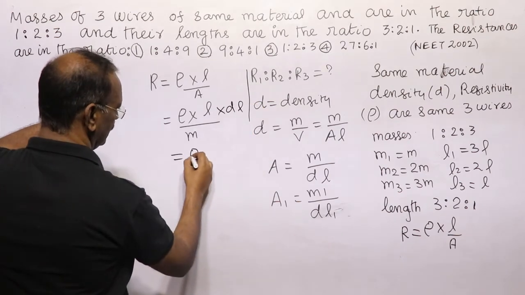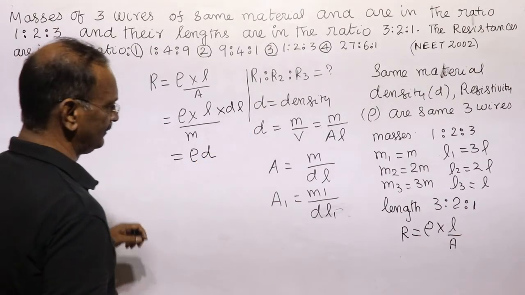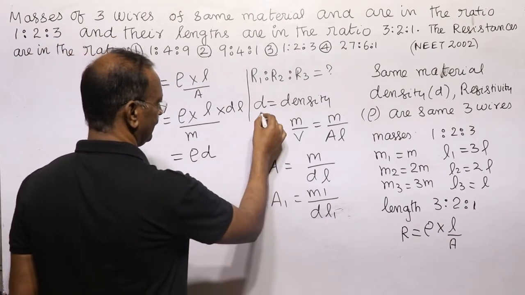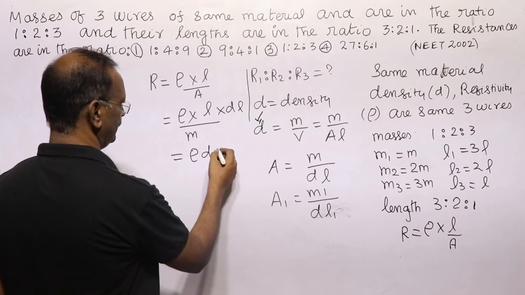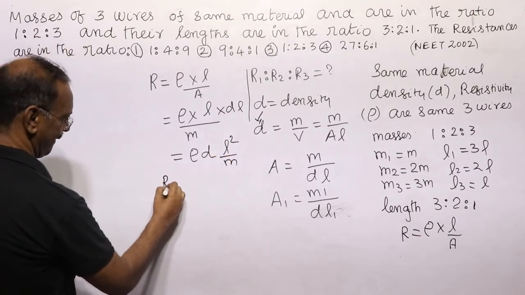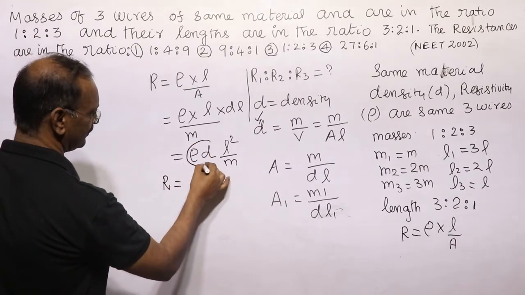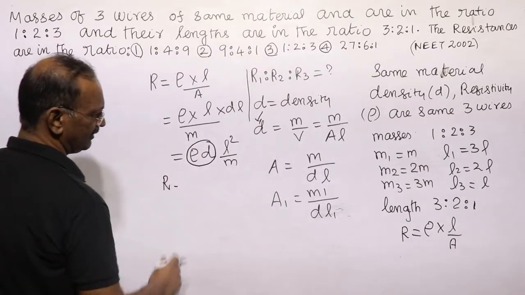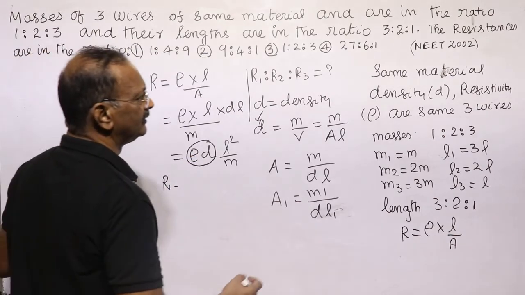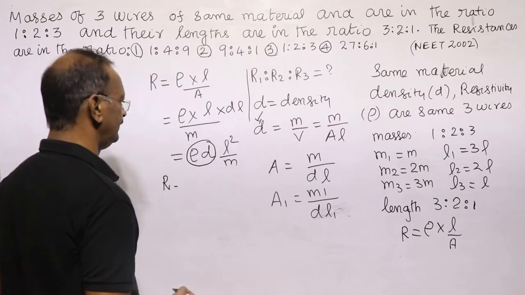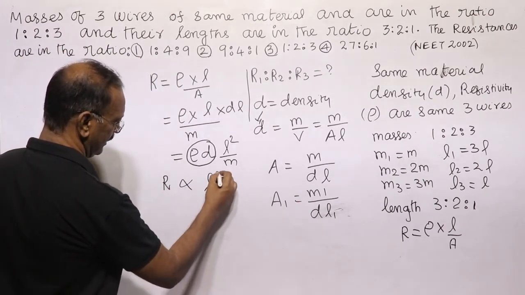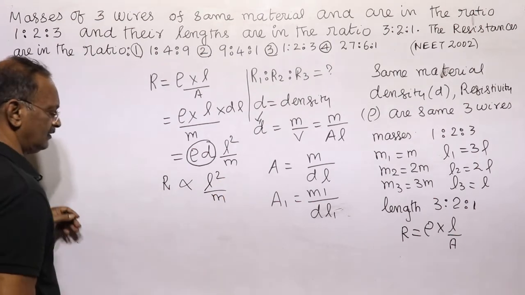R is equal to rho into D into L square by M, where D stands for density. This rho D is constant, because density and resistivity are the same for the three wires. So R is proportional to L square by M.